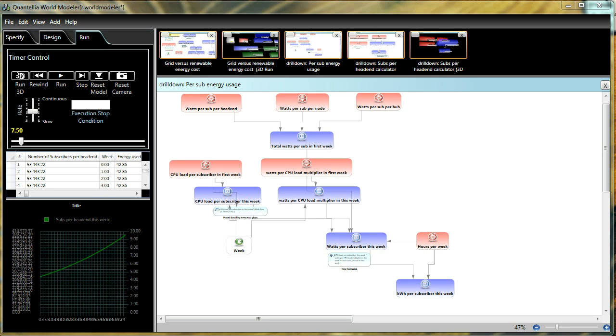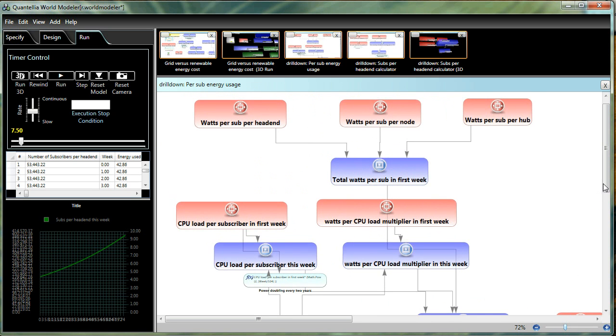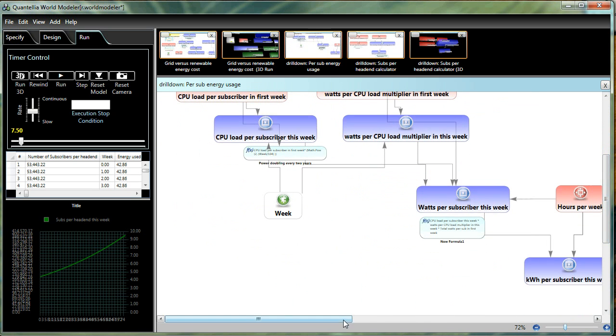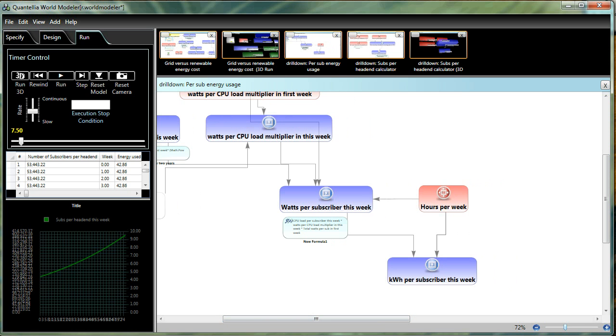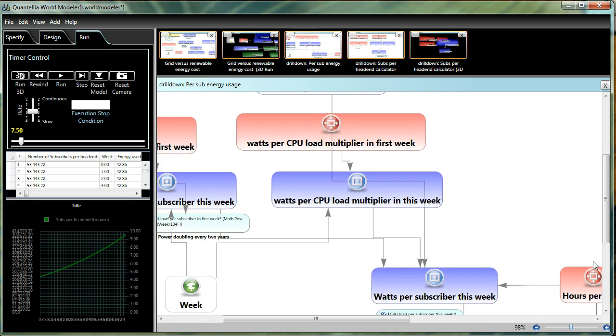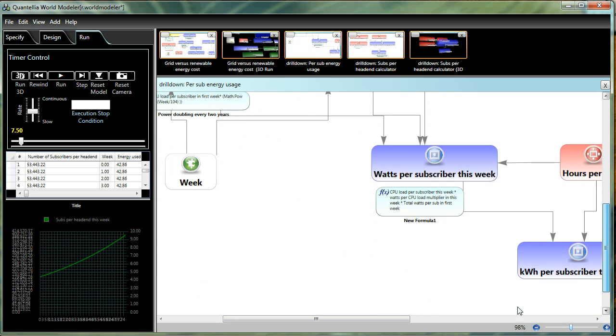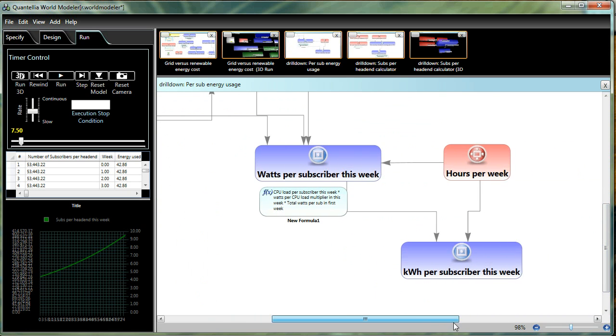Next, we'll start looking at how much power each one of those subscribers uses. And what we're going to get to here is the kilowatt hours per subscriber, again, at a particular head end in a given week. And we're going to use that number going forward to say, okay, given that we have a certain number of subscribers and a certain amount of energy usage per subscriber, what's the cost of that going to be?